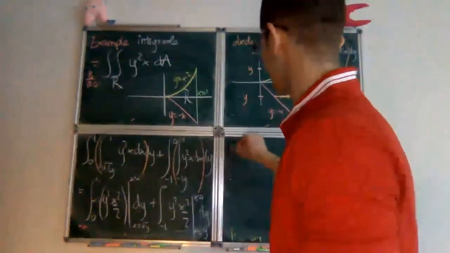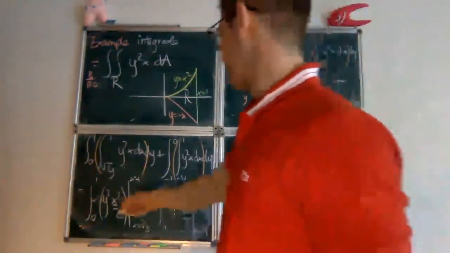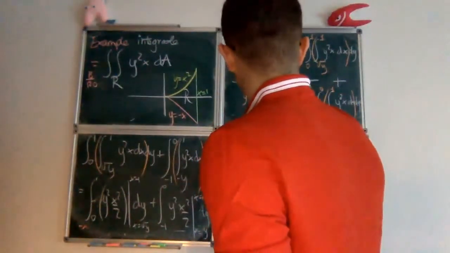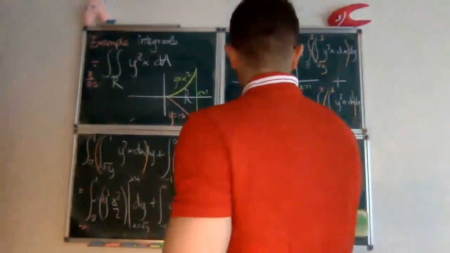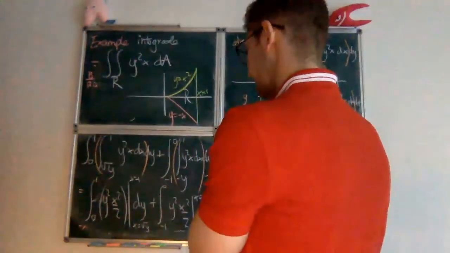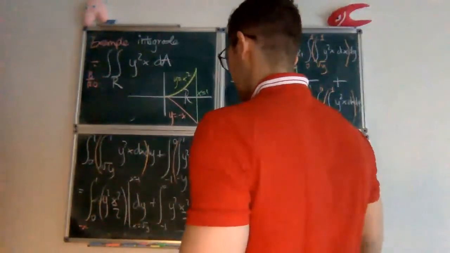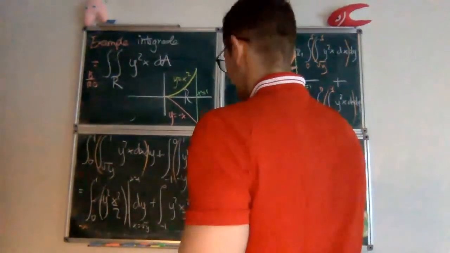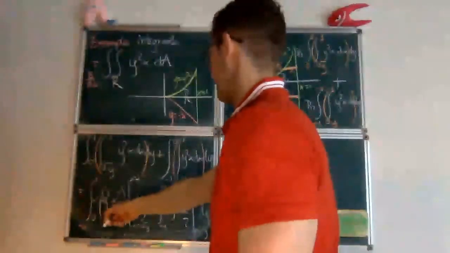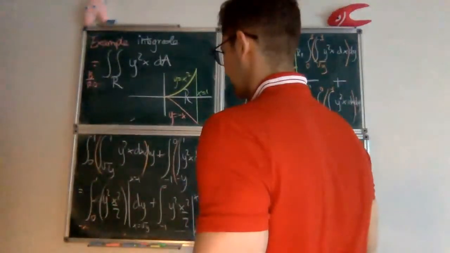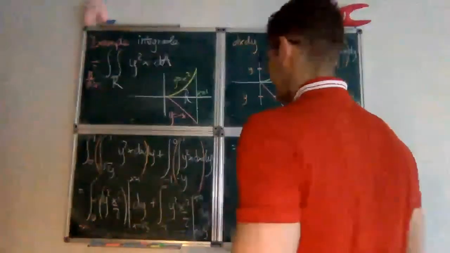Okay? And so here you get the integral from 0 to 1 of y squared times 1/2 minus y squared. When you square x, you're doing root squared, and so that cancels the square roots, and so you get y over 2. And that's going to be integrated against dy.